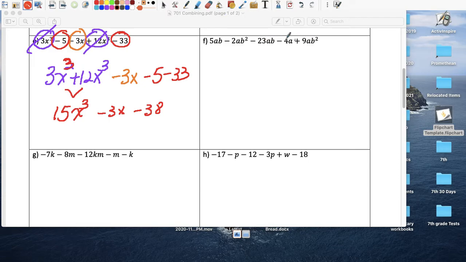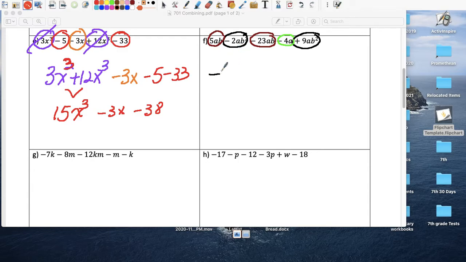Okay, so we have something that says AB to the second power. Is there something that's AB to the second power? Yes, there is. It's right here, plus 9AB squared. And then what else is similar or alike? 5AB, right? And then minus 23AB are the same. And minus 4A is just minus 4A. So let's put them together, side by side.